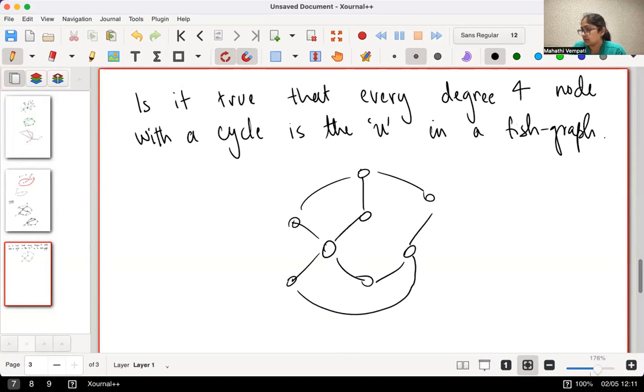But the moment this guy becomes a neighbor of the cycle, you can make this the cycle of the fish graph and have these two out. So what does that mean? But how do I formalize this?